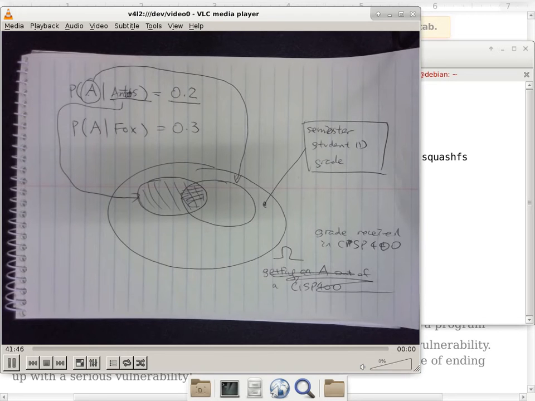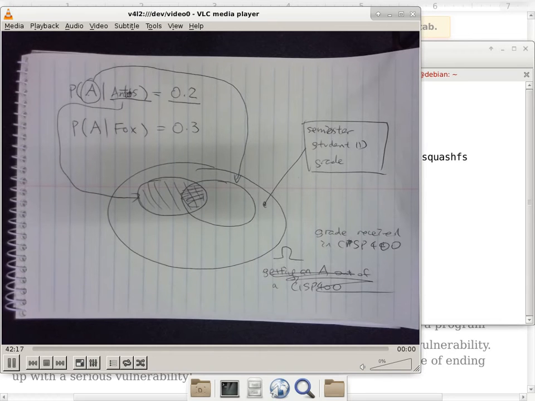All right. So are we good on conditional probability? Yep. Go ahead. If it was the probability of Antos given A, would that mean out of all the people who got A's, what percent of them? Yes, that's exactly what it is. Which may be useful, but it's not generally very useful, because there may be more people coming out of Antos's classes getting A's just because Antos teaches more sections of that class.